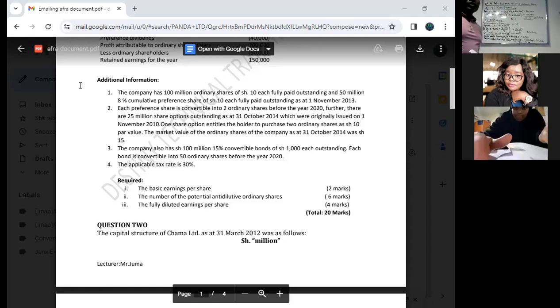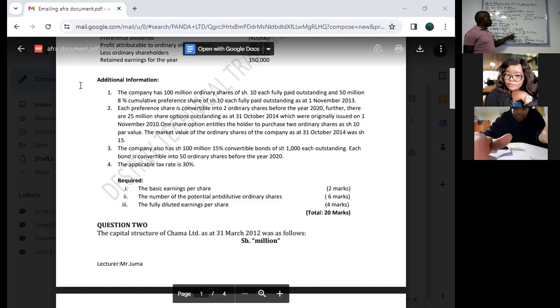Let's go to part 3. The fully diluted earnings per share. Fully diluted EPS will depend here. So let's rank this one here. We rank them, we go and compute. So in the ranking, the one with the least earnings per share will be ranked first when computing diluted EPS.